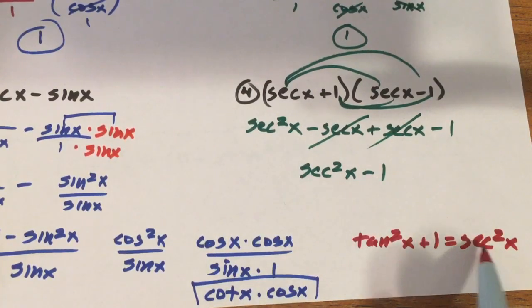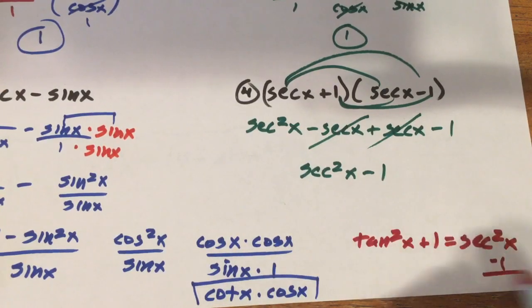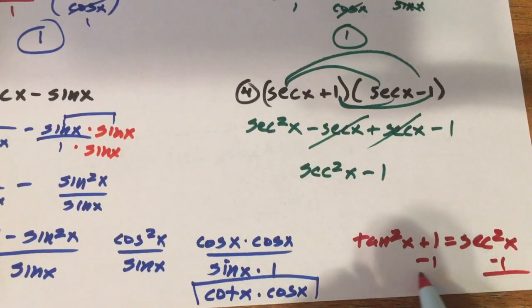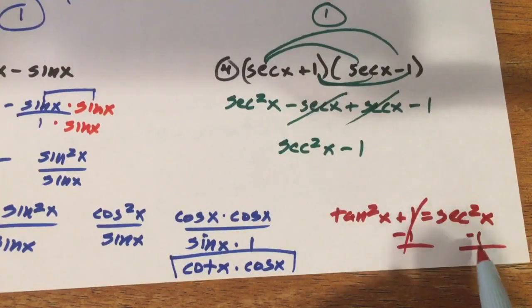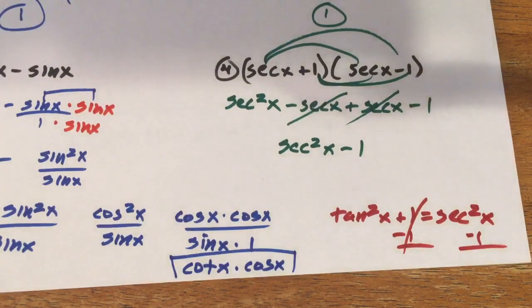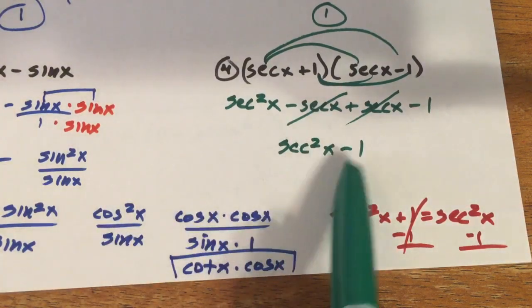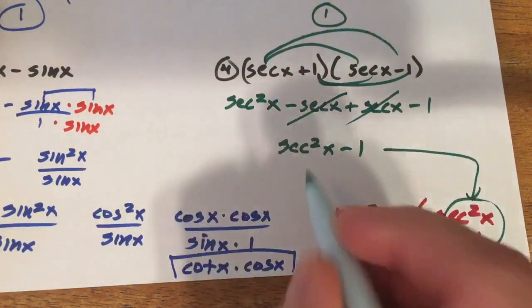Well, we already have secant here, so we're set with that, but we need to get the -1 here. So let's do -1 here, and then we do -1 here. And we get that secant squared minus 1 is actually tan squared. So our final answer, because we have secant squared minus 1 here, and that matches exactly this, is tan squared.